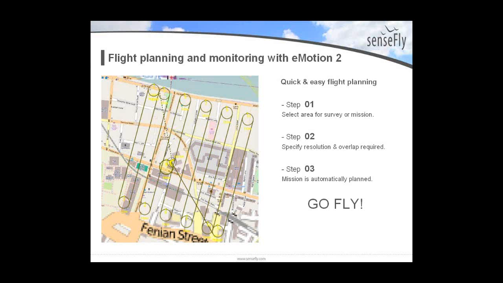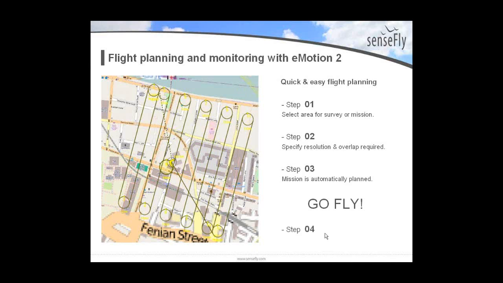If it loses its GPS, it can't get back to the home point, but it'll start doing a circular landing and land. If there's too much wind, it'll come back to the home point and land. If the battery gets low, it'll come back to the home point and land. So it has a lot of safeguards built into it, so your chances of losing your eBee are very, very slim.